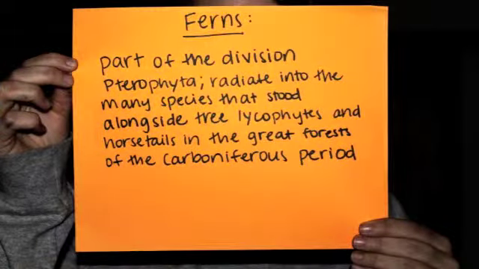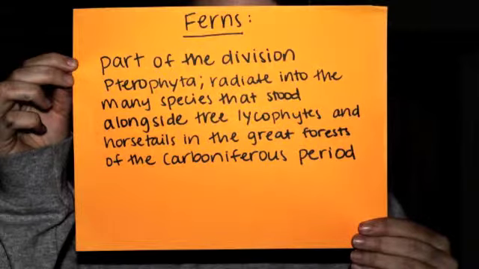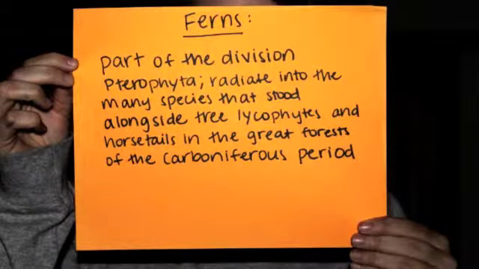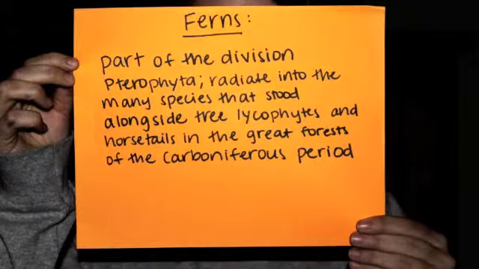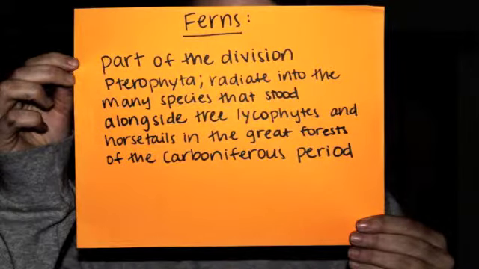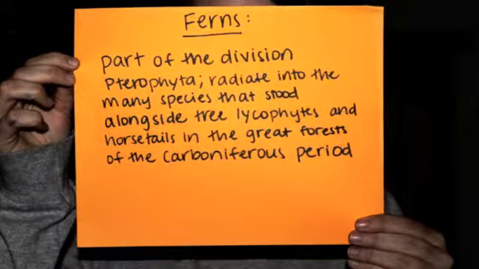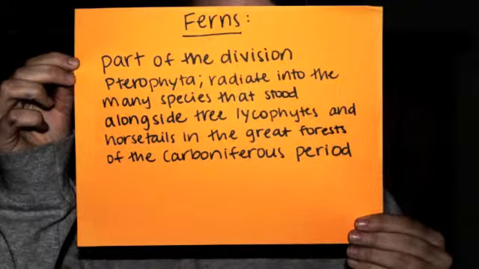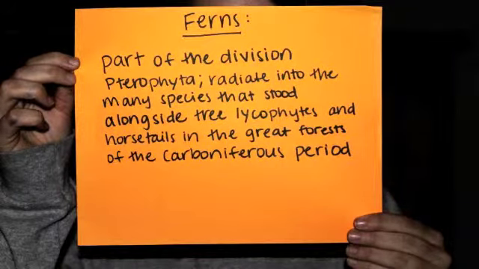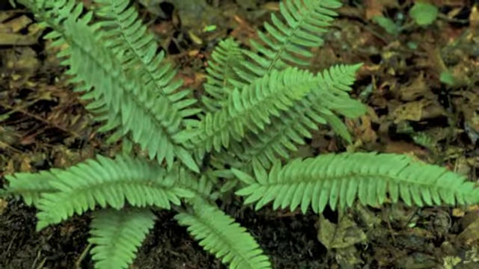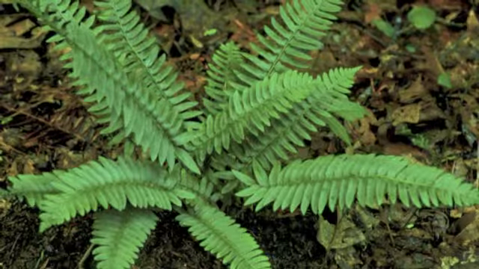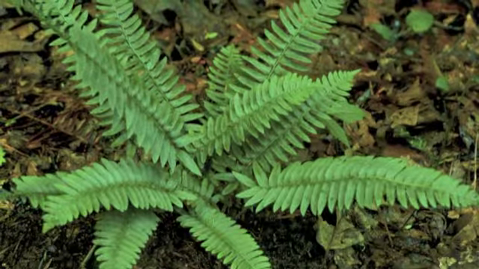The last division of seedless vascular plants, and the one that you guys are probably most familiar with, are ferns. And these plants radiate into many different species that are similar to lycophytes and horsetails. All of you probably have seen a fern before, but this is an example of what a fern looks like.